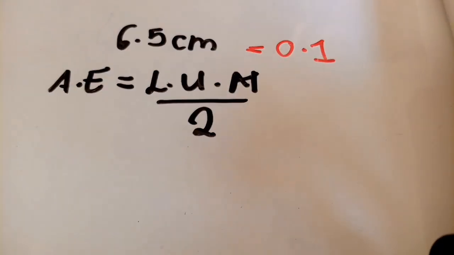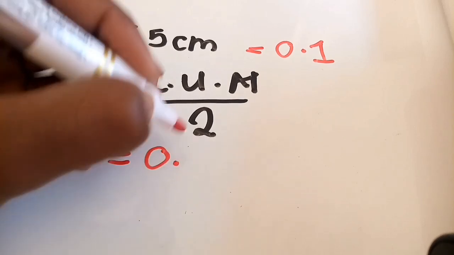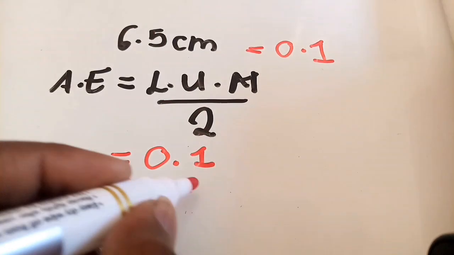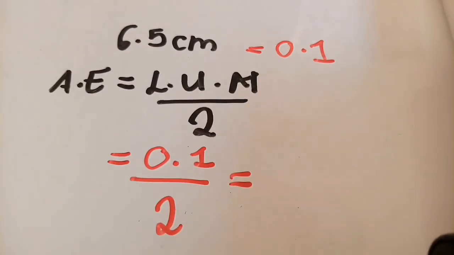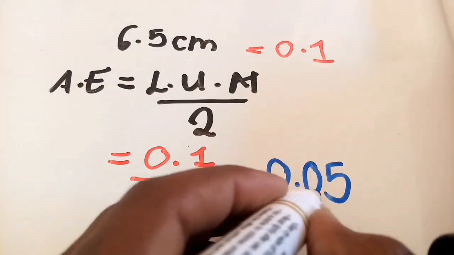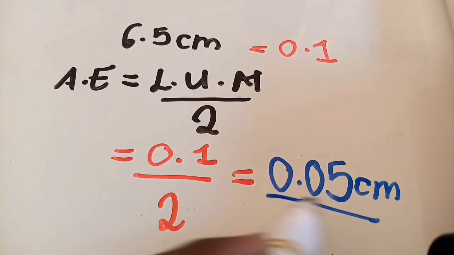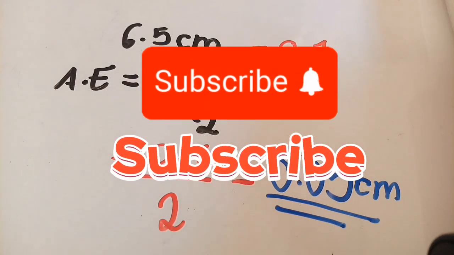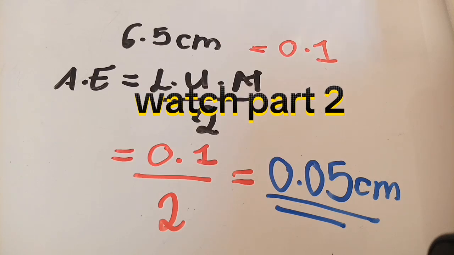Therefore it will be 0.1 divided by 2, which gives us 0.05 centimeters. So that is our absolute error for 6.5, which is a single measurement.